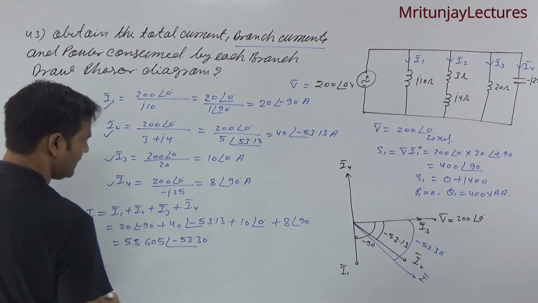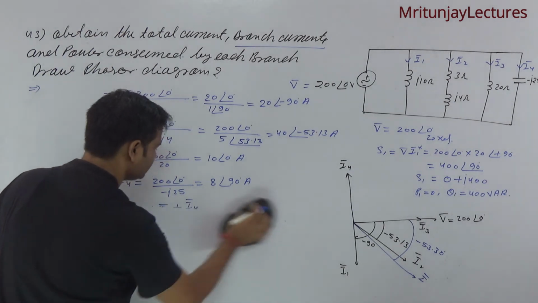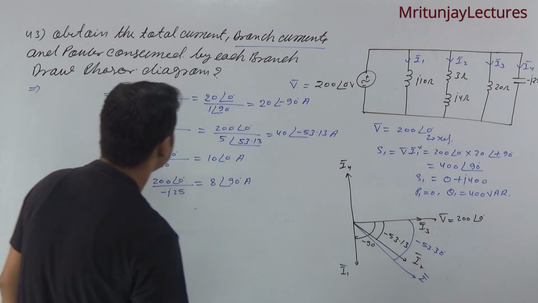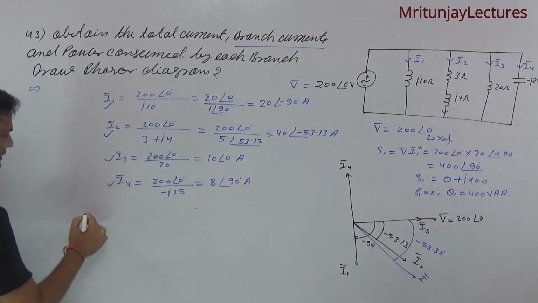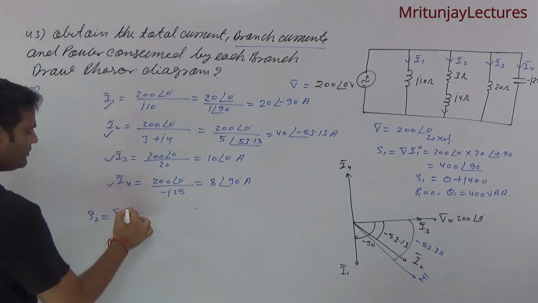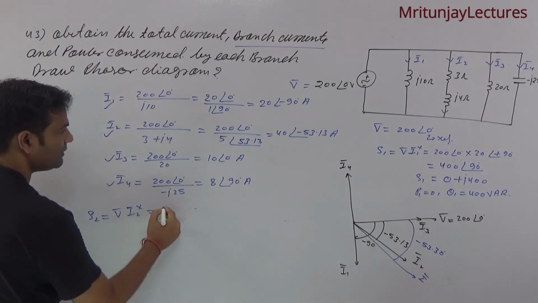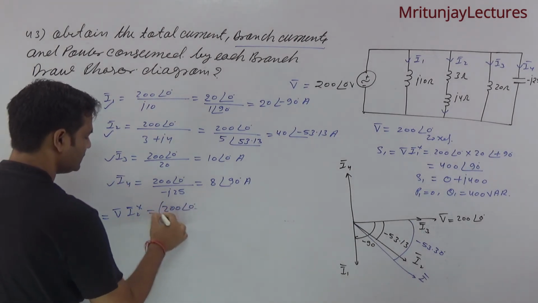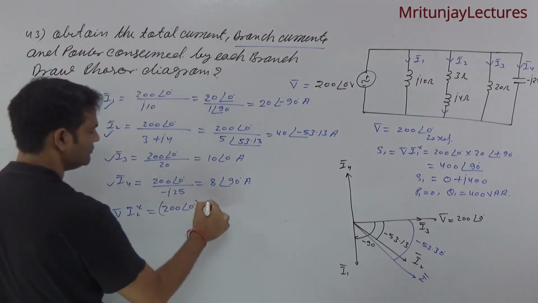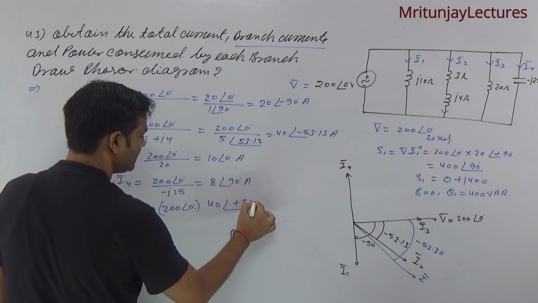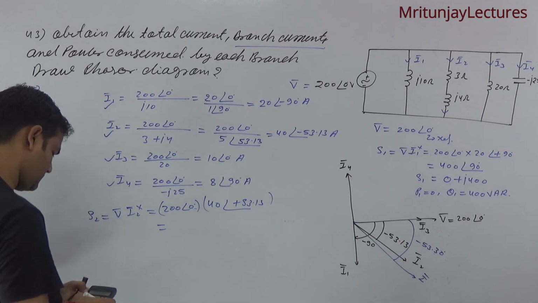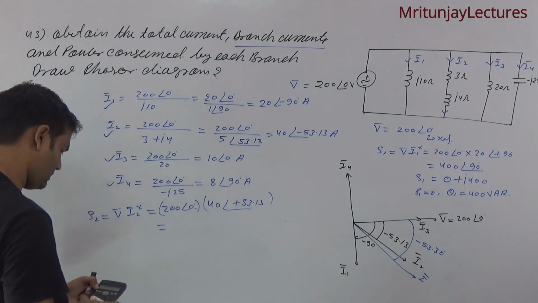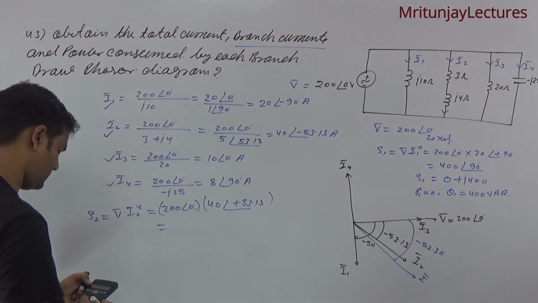Okay, now another one. Our next target, in case of this branch, that is S2. S2 is written as V into I2 conjugate. V equals 200 at the angle 0, and I2 is 40 at the angle plus 53.13. So we got 200 at the angle 0 into 40 at the angle 53.13.